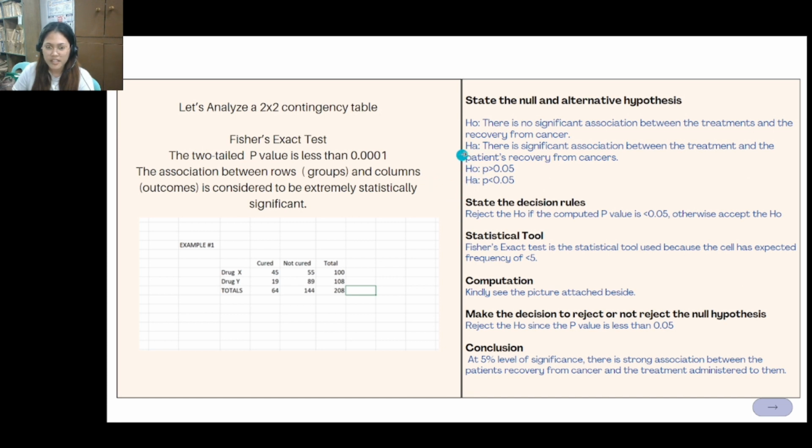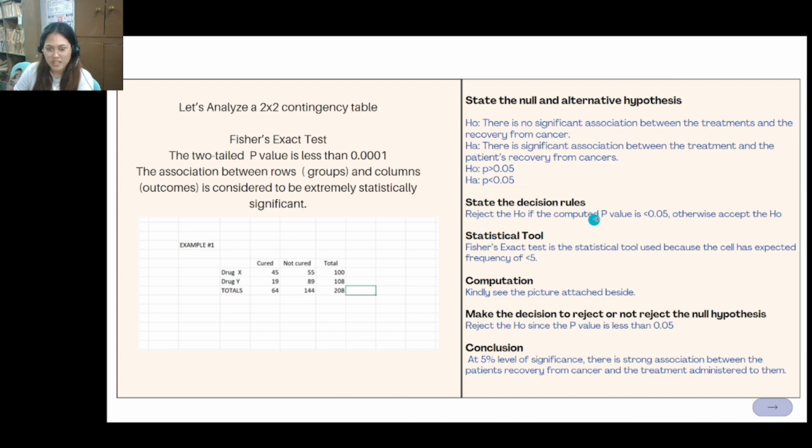On the other hand, we have H sub A, which is the alternative hypothesis: there is a significant association between the treatment and the patient's recovery from the cancer. So H sub 0 is P greater than 0.05. H sub A is P less than 0.05.